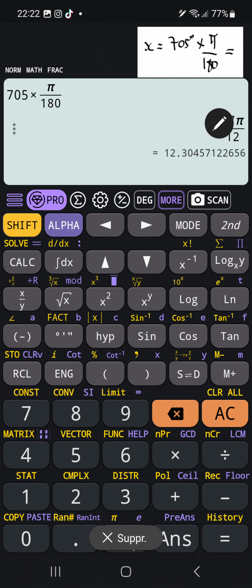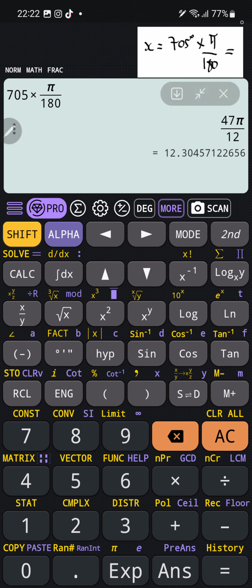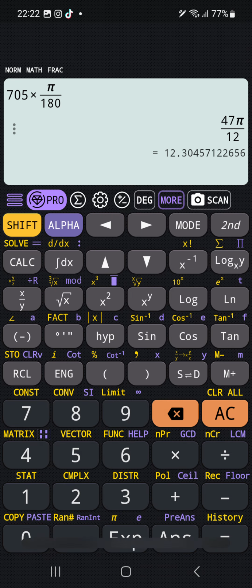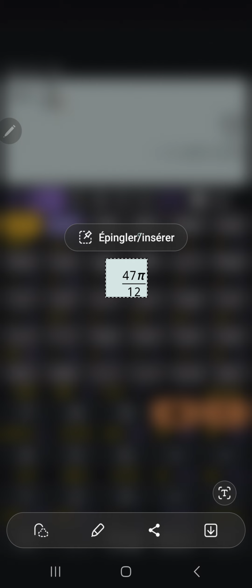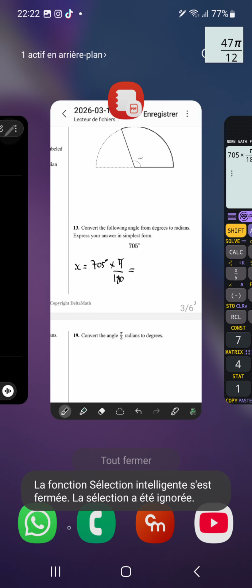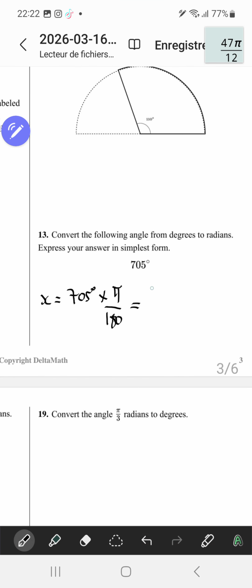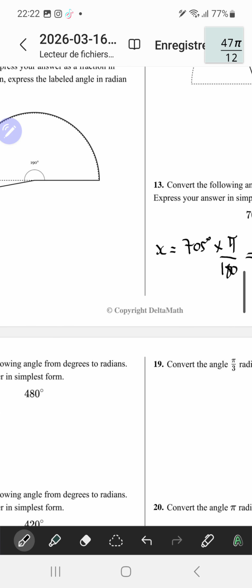So this is the value, 47, etc. So it's 47 over 12 pi. Nice.